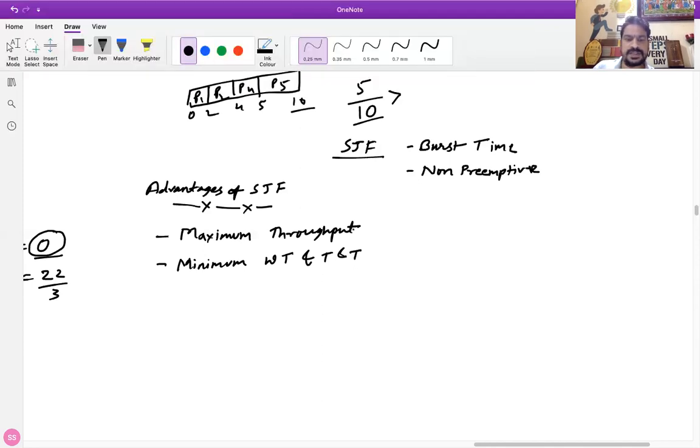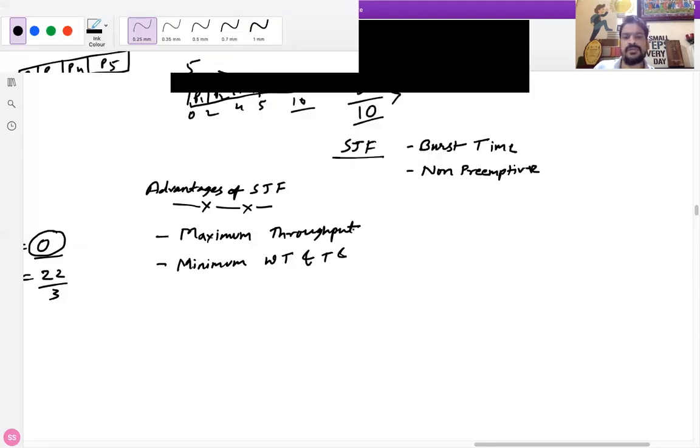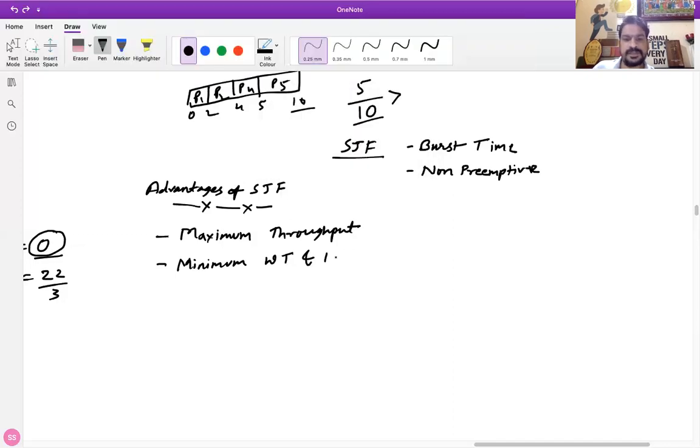So this shortest job first algorithm has the minimum waiting time and minimum turnaround time than first come first serve and other scheduling algorithms that we'll see in later classes. So these two are the advantages of shortest job first. Maximum throughput means in a duration of time how many processes have been executed, and it has the minimum waiting time as well as turnaround time.